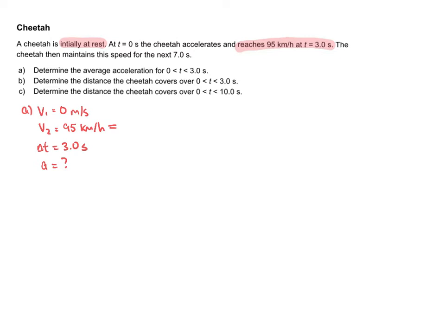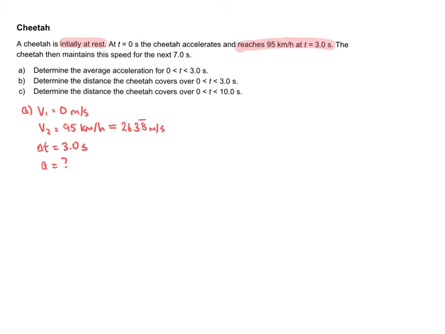You can ask Siri to do it or go on Google and get Google to convert it. But at the end of the day, you're going to need to come up with 26.38 repeated meters per second.